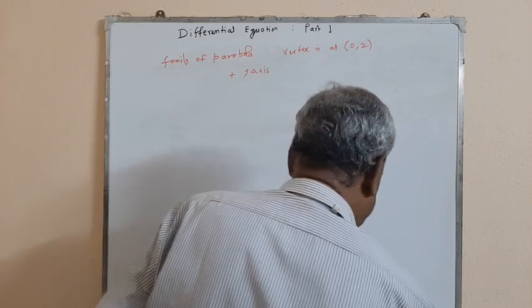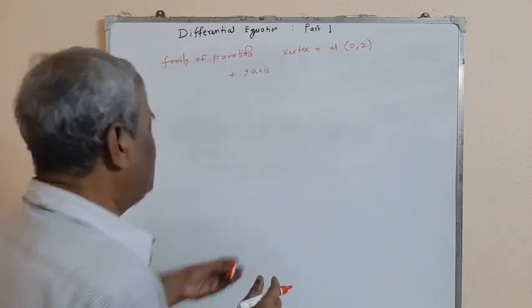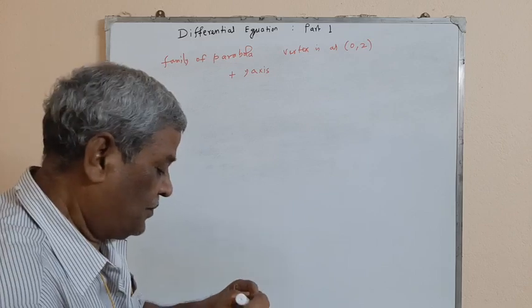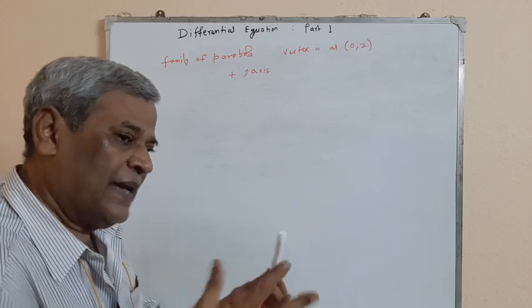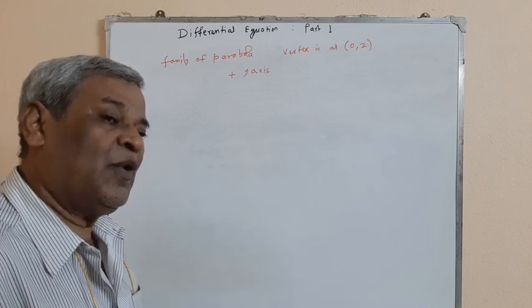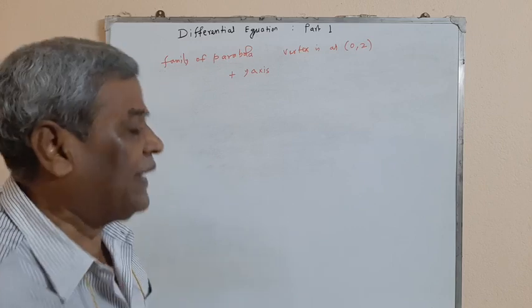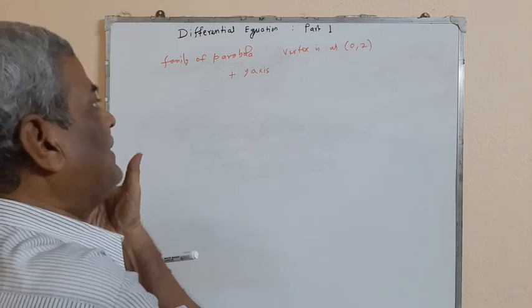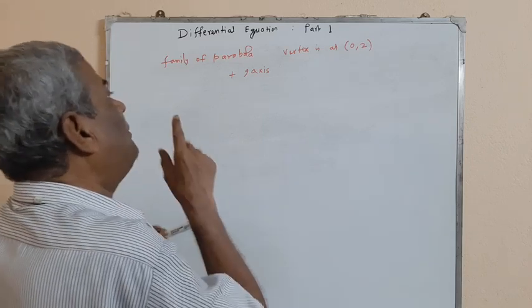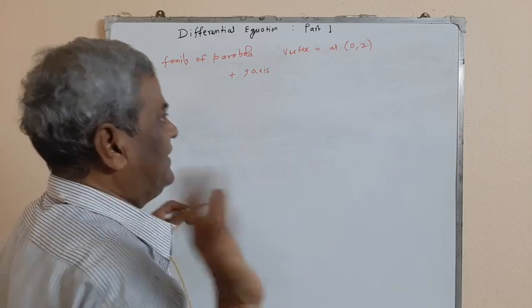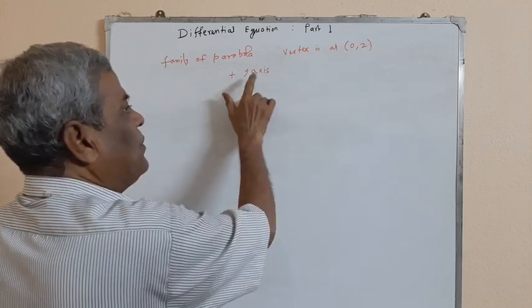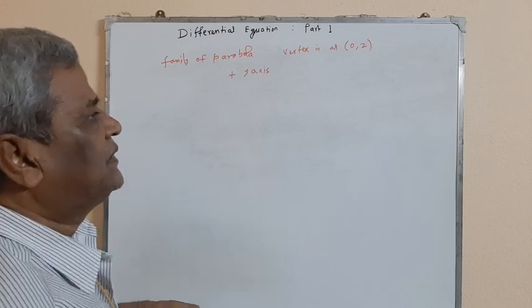Acha, so the problem here is, in previous problems, a relation between x, y and unknown parameters were given, but here it is not given. The only thing given is that one family of parabolas is there, whose vertex is at that point and whose axis is the positive y-axis.